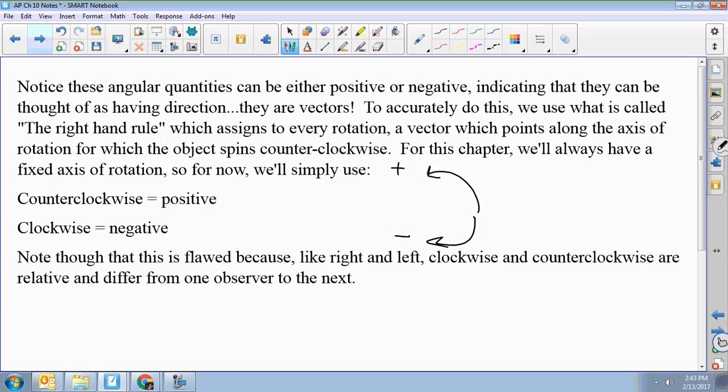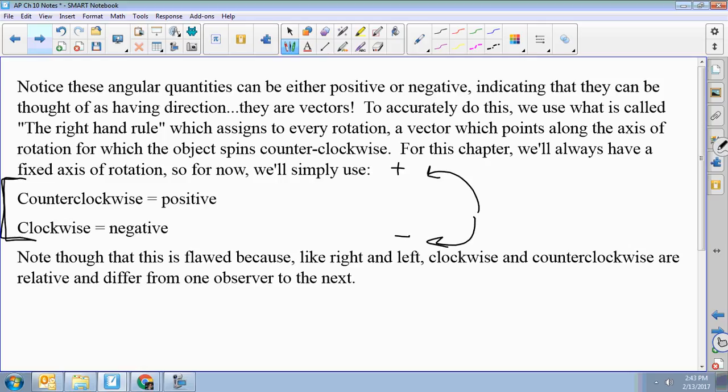If you rotate that way, it's negative. We'll talk more about the right-hand rule when we get to torque. There are very few instances when you really have to use the right-hand rule for torque.